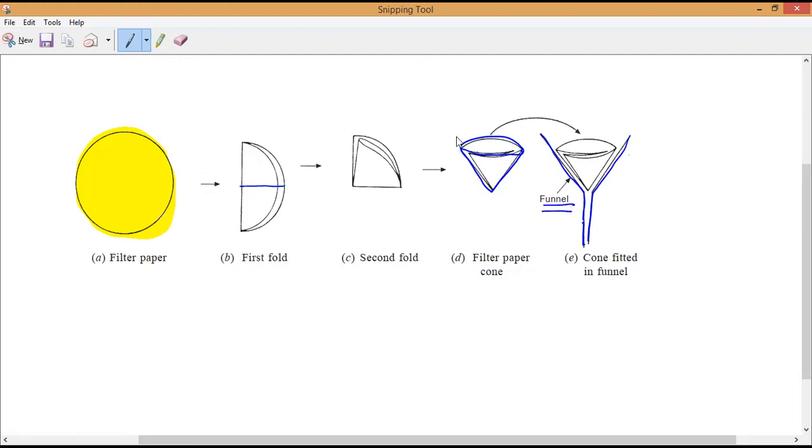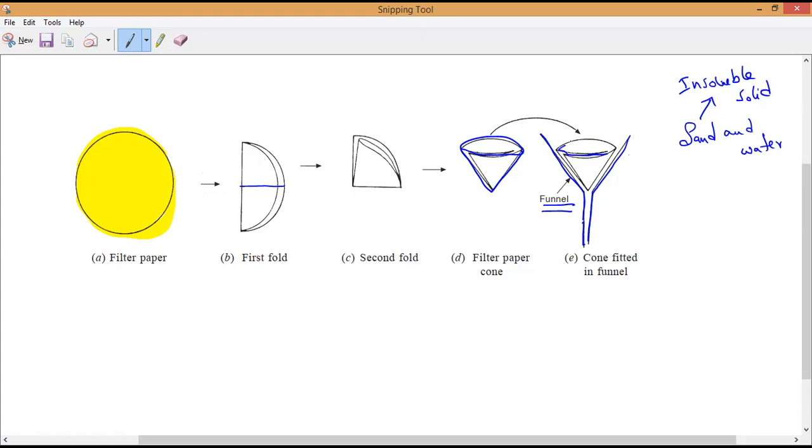Before doing the filtration technique, what mixture have I taken? Let me take a sand and water mixture. Is sand soluble or insoluble? Insoluble solid. Now I have to make this setup first.